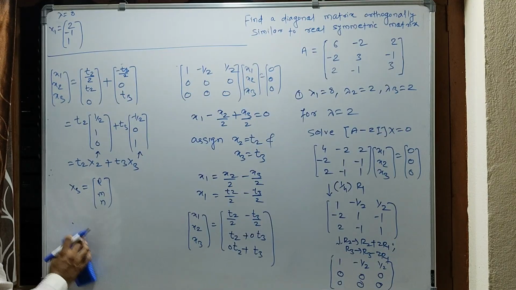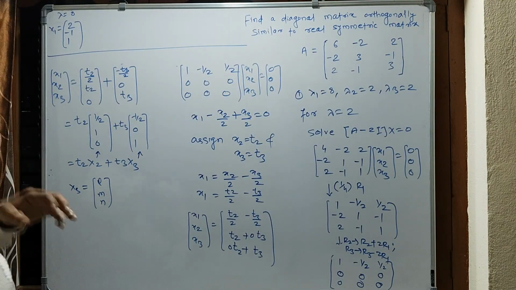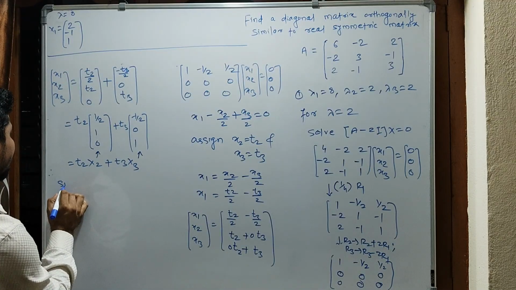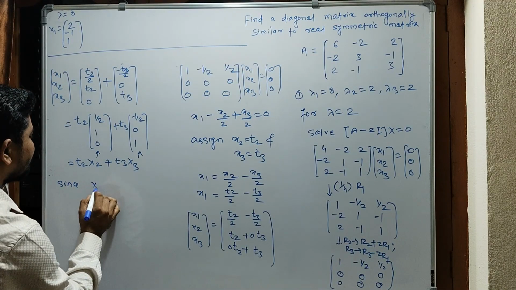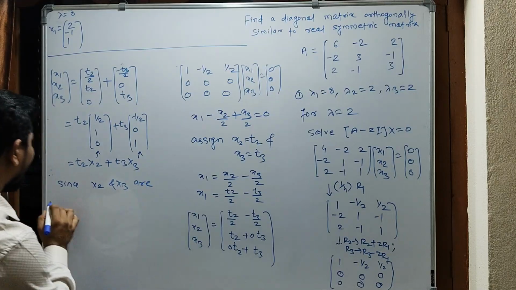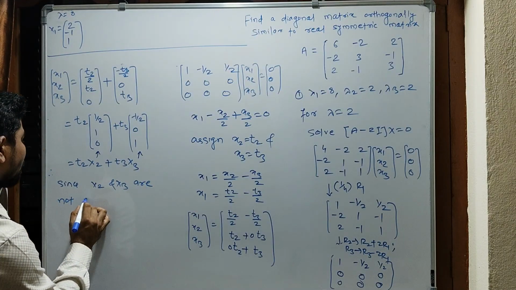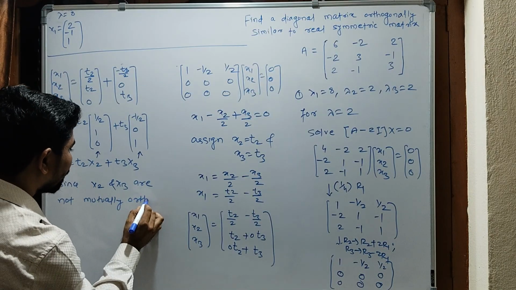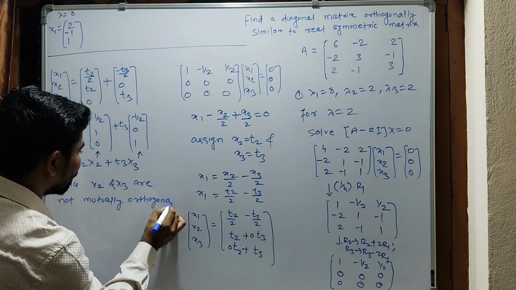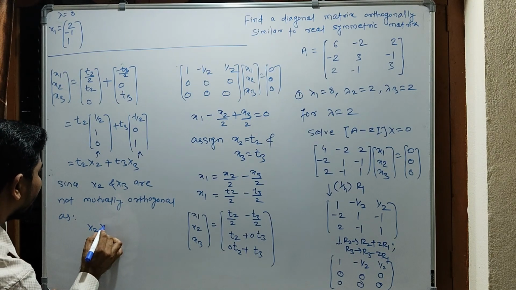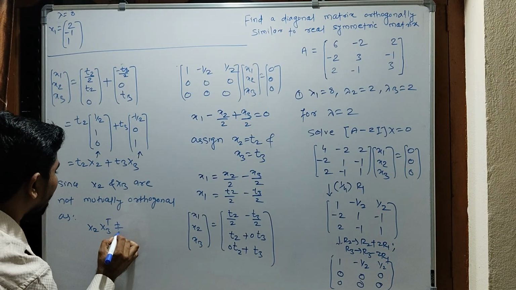Now write one statement here: since x2 and x3 are not mutually orthogonal, as x2 x3 transpose is not 0.